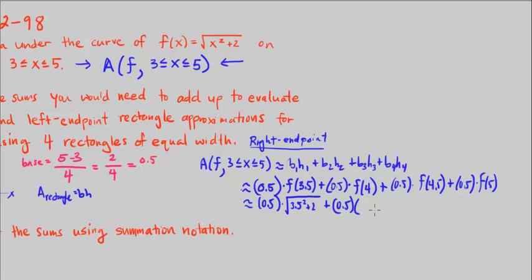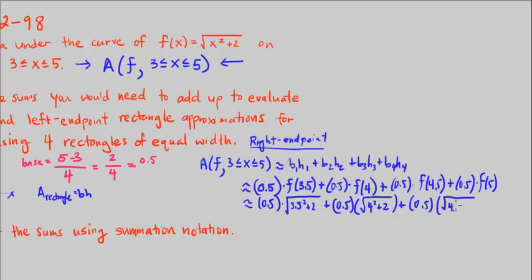0.5 times, now we have square root of, again, we're going to plug 4 into f. So with the input of 4, we have square root of 4 squared plus 2, plus 0.5 times, again, we're going to plug 4.5 into the function.